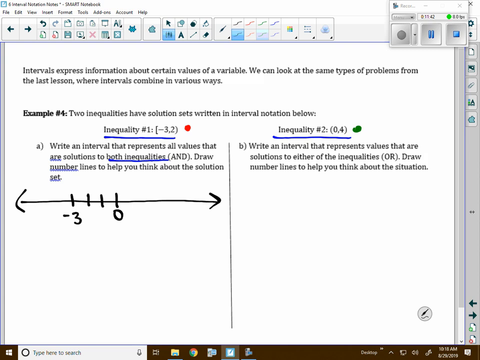Okay, here's negative 3. And here's 2. So if we look at just our inequality number 1, I'm going to go ahead and graph that one. There will be a closed circle at negative 3, and there will be an open circle at 2, and we draw between.